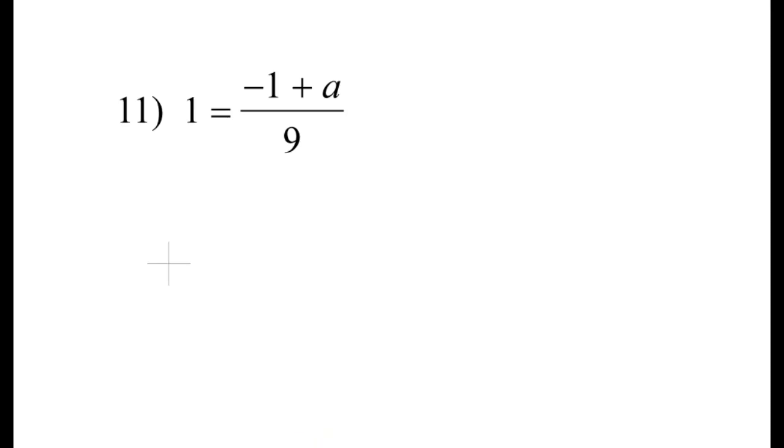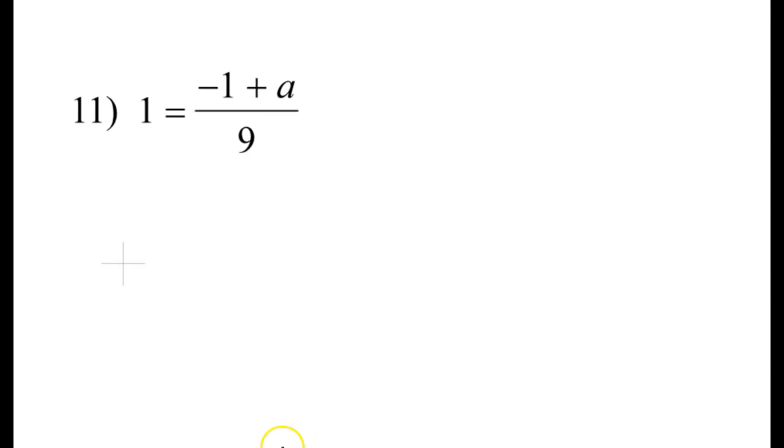So we have something different, that we have some addition or subtraction on the top here. Now we're still going to do the same thing, but if we do this over 1, we'll do 9 times 1 and get 9, right?